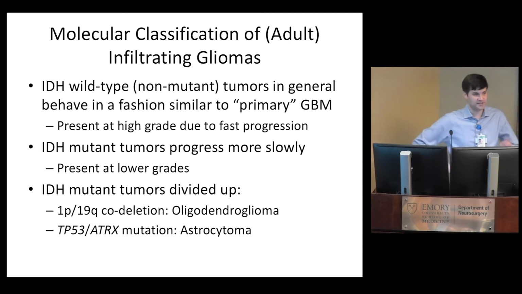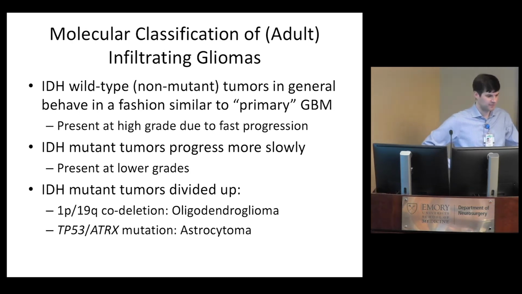So they'll present typically at a higher grade, and they, in general, quickly progress to become a GBM. If you detect an anaplastic astrocytoma, and that's what we call it histologically, but it's IDH wild type, we can't find an IDH mutation, and you're dealing with, say, a 60-year-old man, you would be pretty worried about that. That's going to behave much more like a GBM.